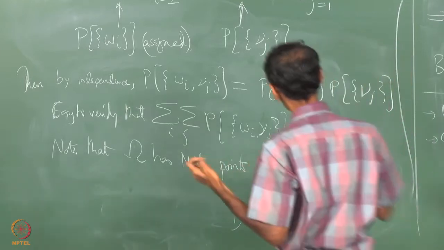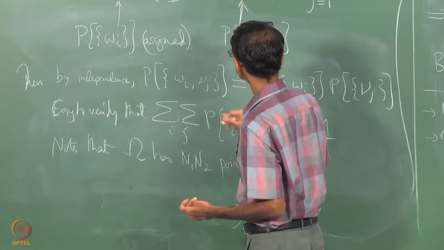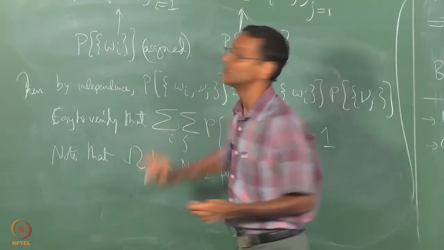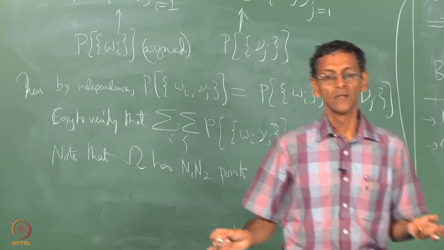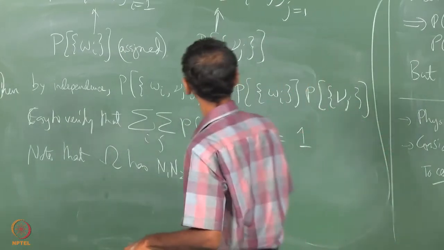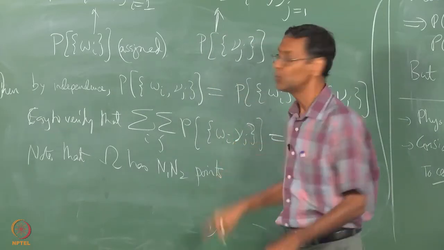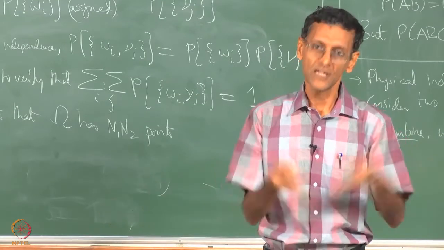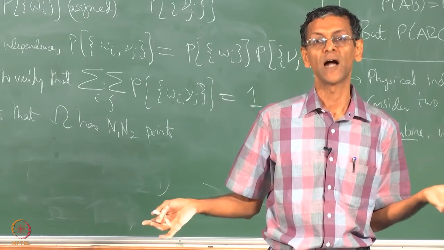You can also go back to the event that you see omega i without any concern for the other one. That would be the combination of all of these points with omega i common, where you sum over all the points nu j. If you did that, you would get back the probability of omega i.